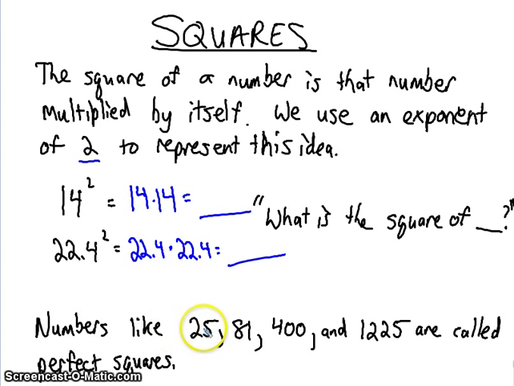So numbers like 25, 81, 400, 1225 are called perfect squares because it took a whole number to multiply together to give you each one of these. 5 times 5, and so on. Okay, so perfect squares are going to be important when we flip to the next slide. Okay, so the square of a number is a number multiplied by itself.